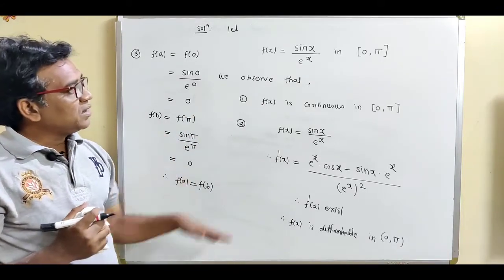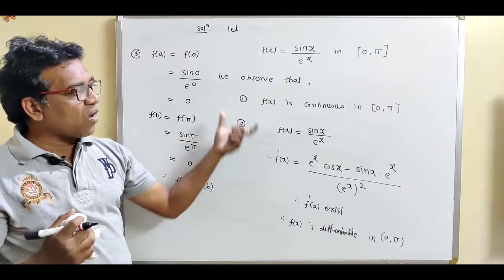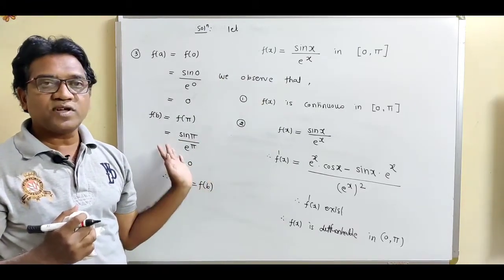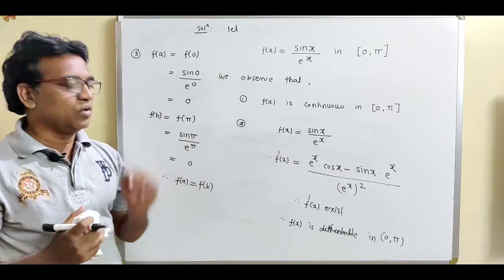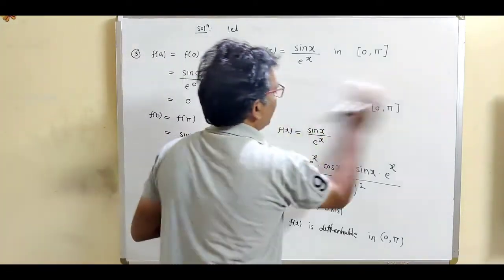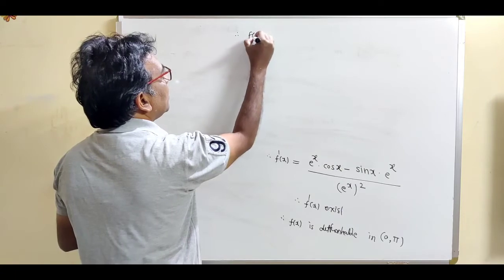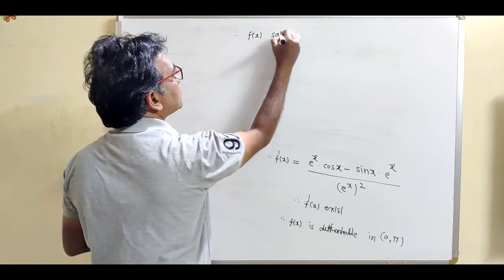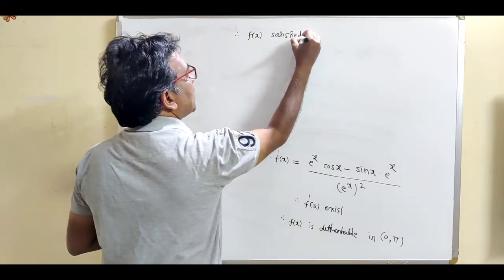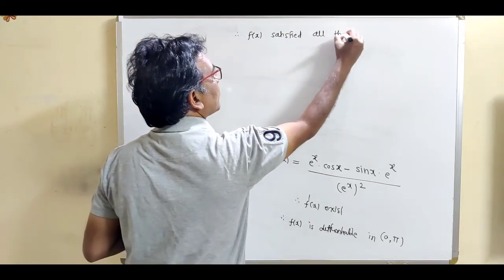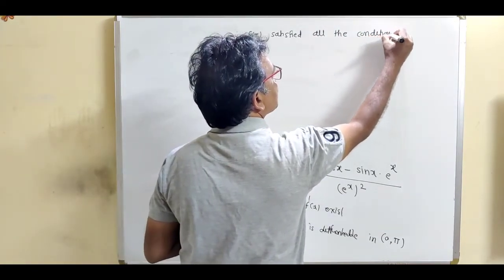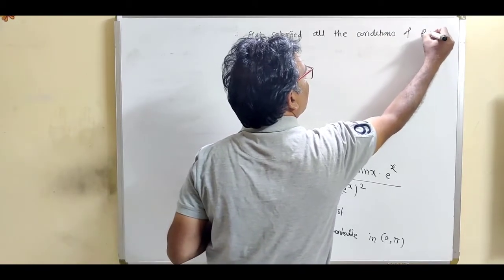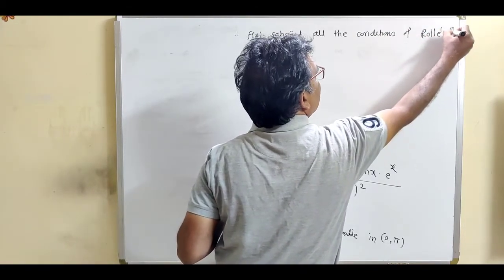So obviously this function f(x) satisfies all three conditions of Rolle's theorem, and we can apply the statement of Rolle's theorem. Therefore f(x) satisfies all the conditions of Rolle's theorem.